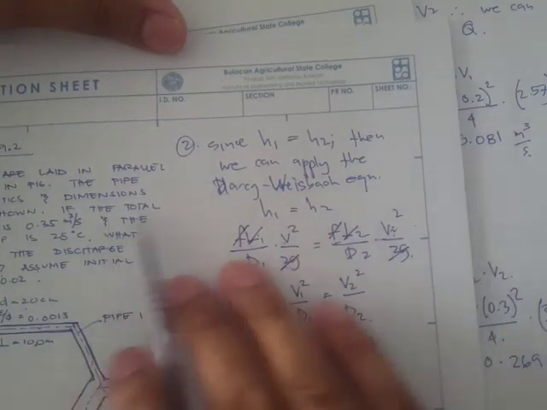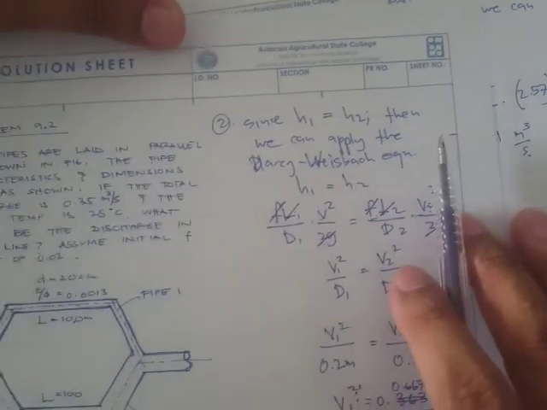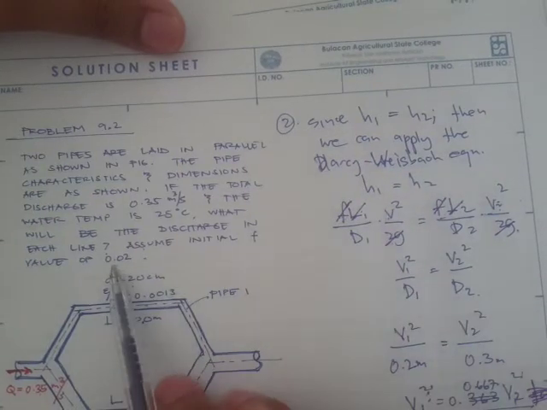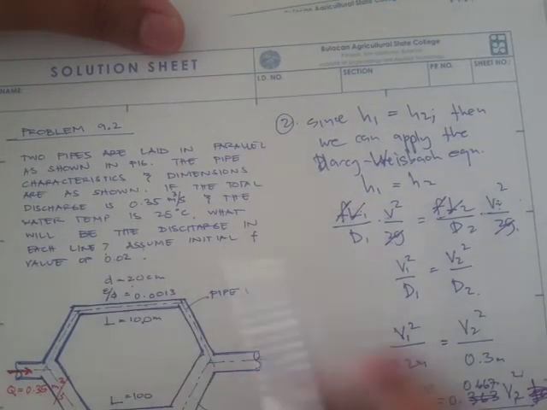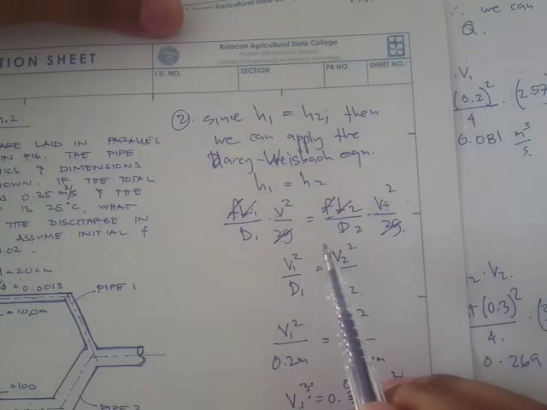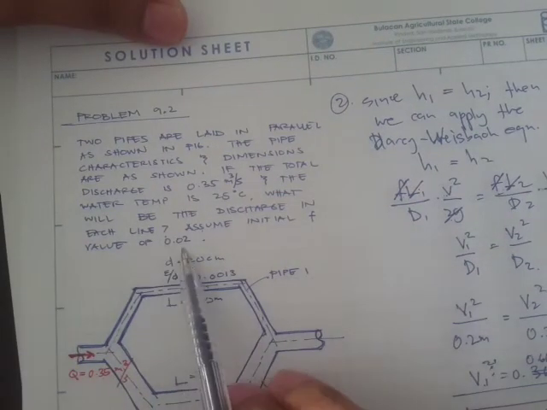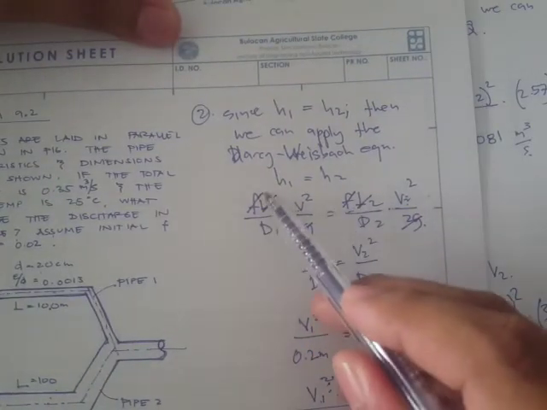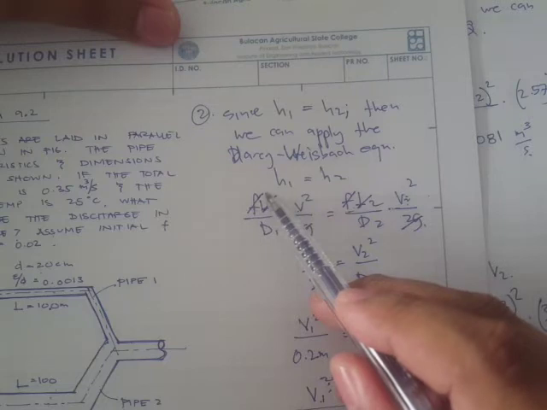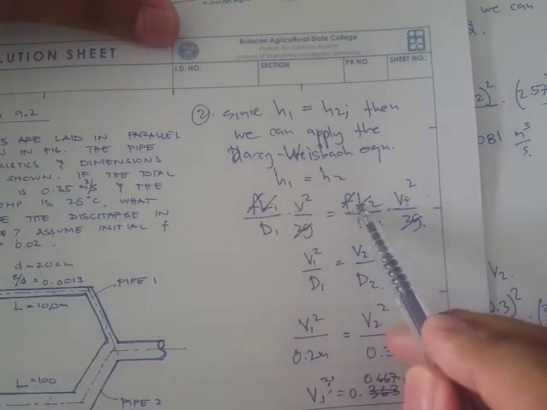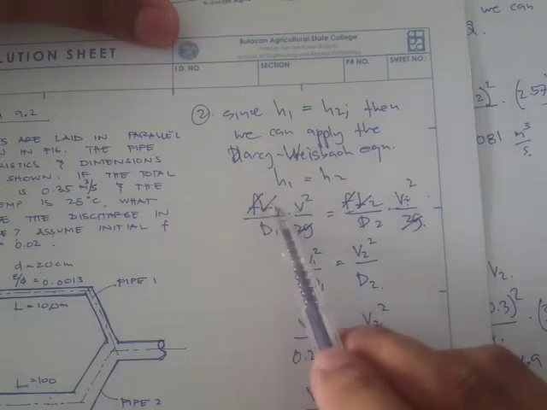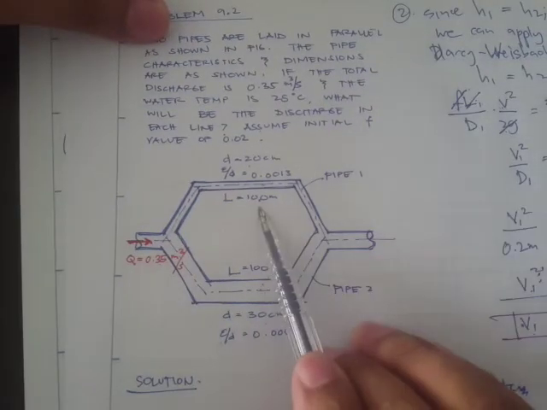So we lay down the expression, and we first assume an initial value of 0.02 for both pipes. If we assume this, then in this equation we can neglect this because they're the same. So the friction factor is the same. The length is also the same because the given is 100 meters, and this one is also 100 meters.